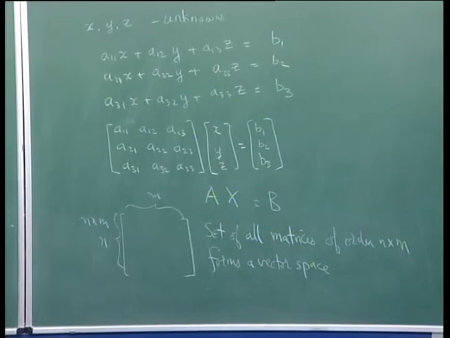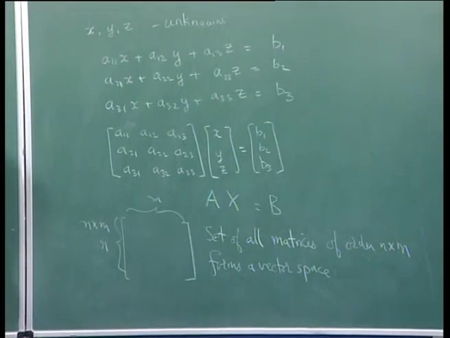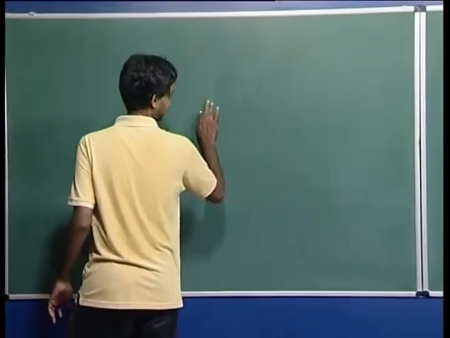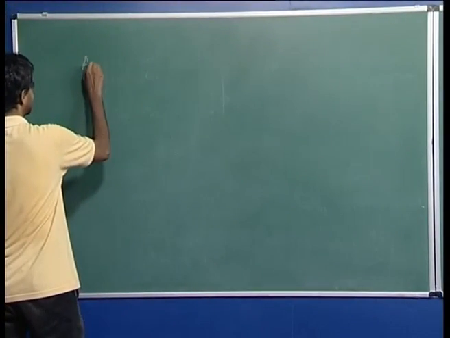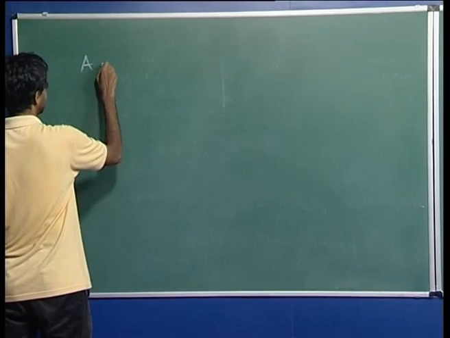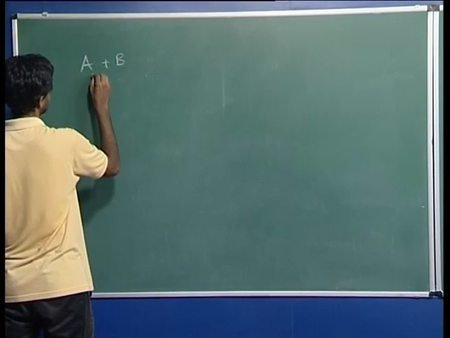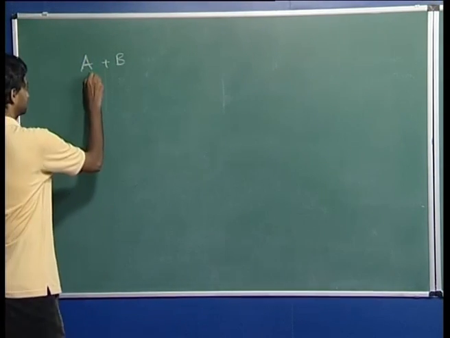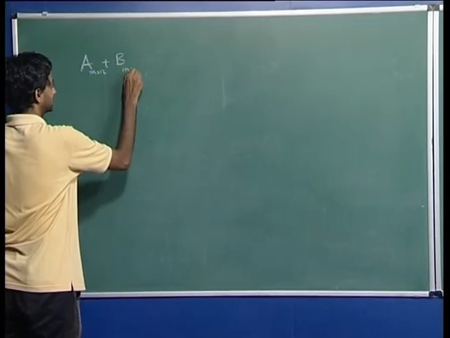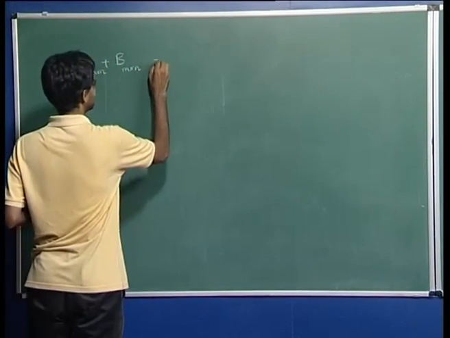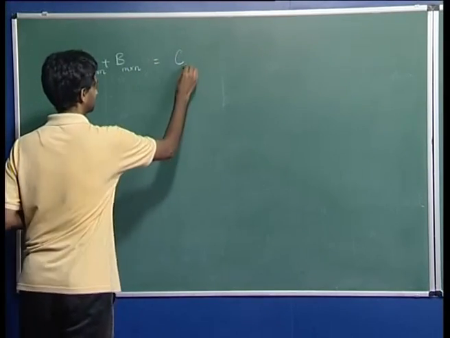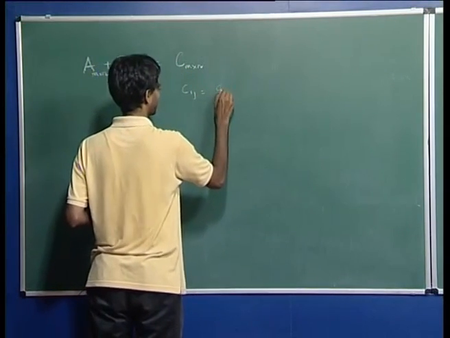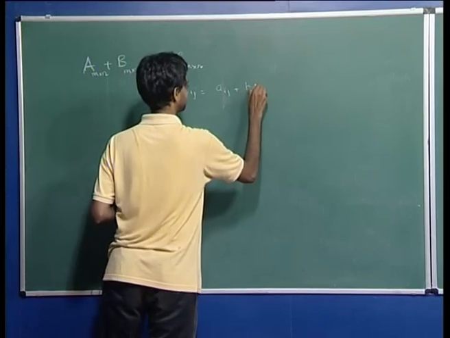The reason that it forms a vector space is because addition of matrices is defined this way. So you have to define addition of matrices. If you have two matrices A and B, they can only be added if they have the same dimensions. So if this is m by n, this is m by n. Then A plus B is a matrix C, which is also an m by n matrix, such that C_ij equals A_ij plus B_ij.